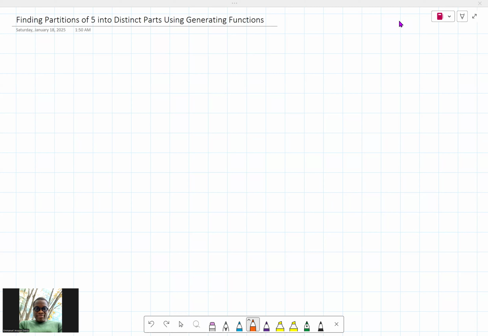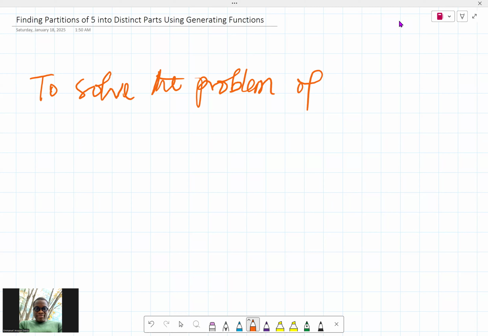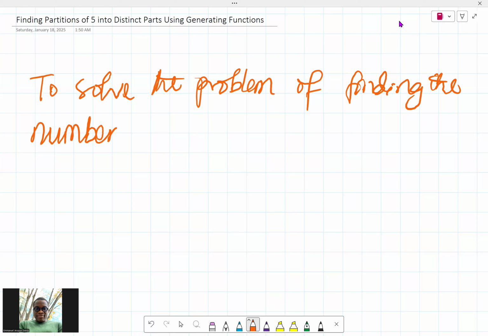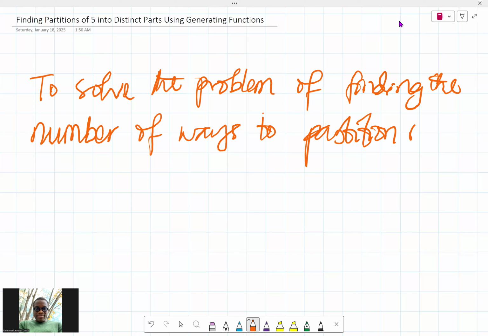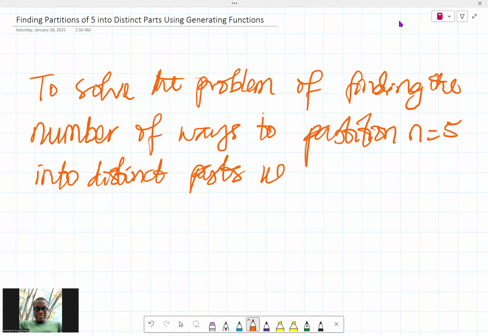So the goal is to solve the problem of finding the number of ways to partition n equals 5 into distinct parts using generating functions.